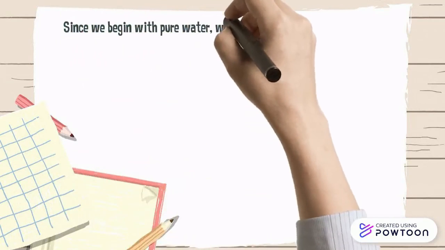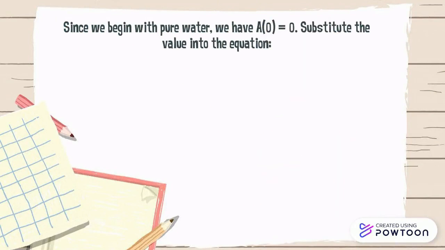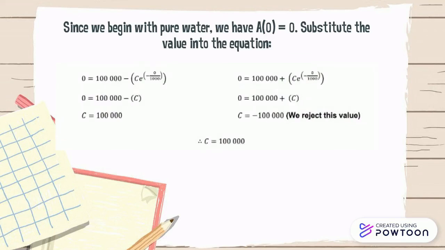Since we begin with pure water, we have A(0) equal to 0. And then we need to substitute this value into the equations. For the first equation, 0 is equal to 100,000 minus c exponential to the power of -0 divided by 1000. So we have 0 is equal to 100,000 minus c, and then we get c equal to 100,000.